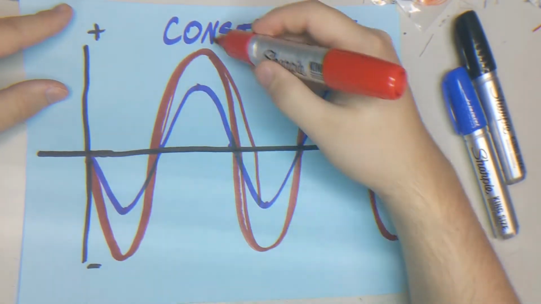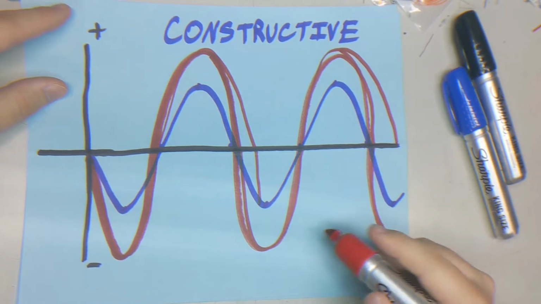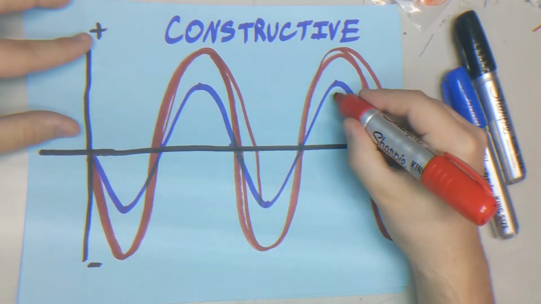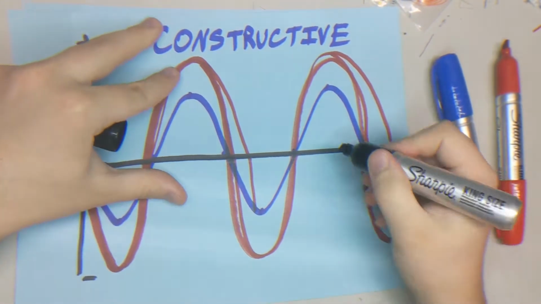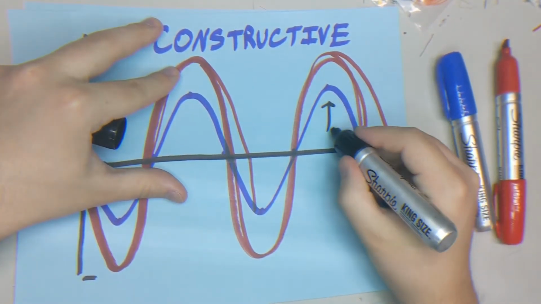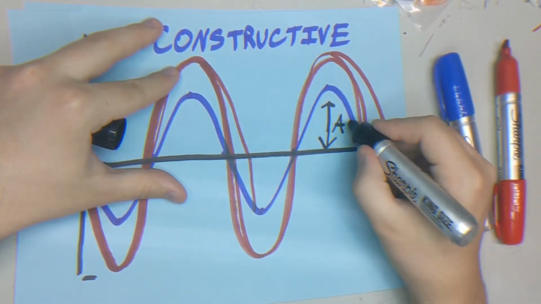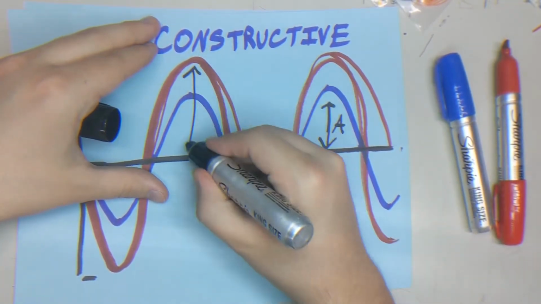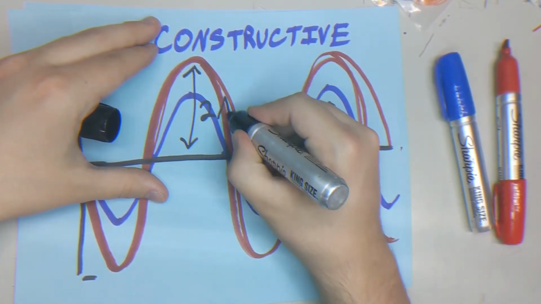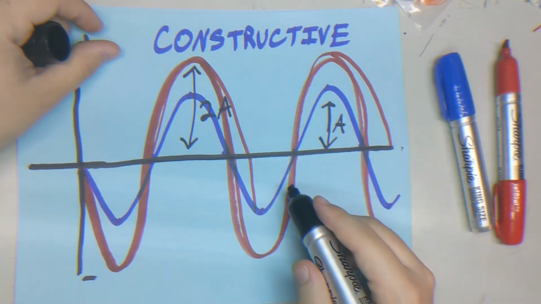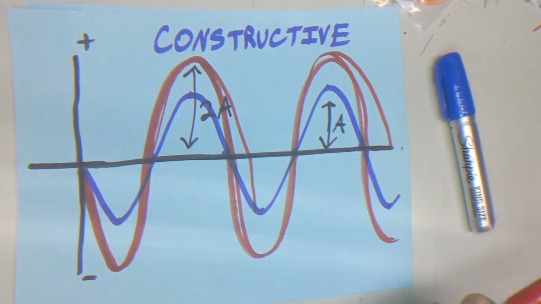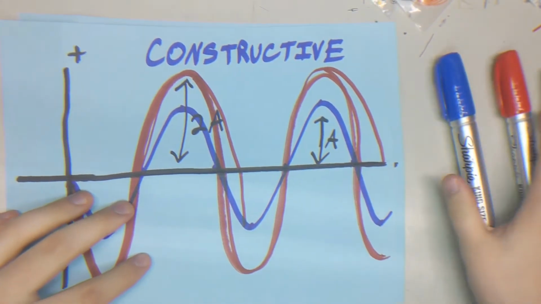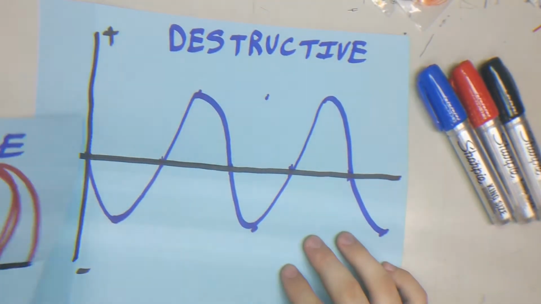Alright, you can see that it's really doubled in terms of amplitude. Here's our original amplitude, and then our new one is roughly 2 times the original amplitude. Alright, so let's talk about the other type, which is destructive.